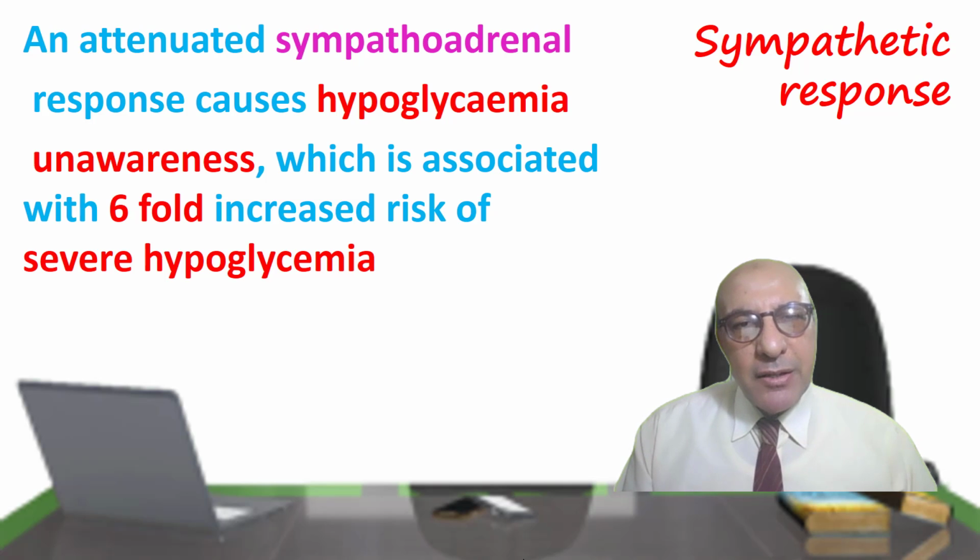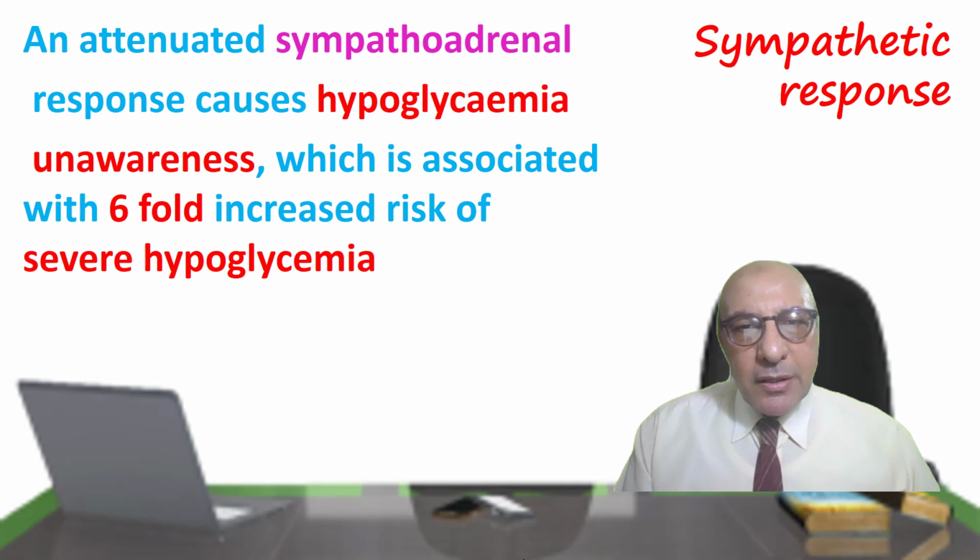The first is that adrenaline and noradrenaline release will help mobilize or increase blood sugar production by the liver. The second important function is that it will give symptoms which make the patient aware that he is having low blood sugar, like tremors, sweating, palpitation, awareness of the heartbeat, and feeling hunger itself.